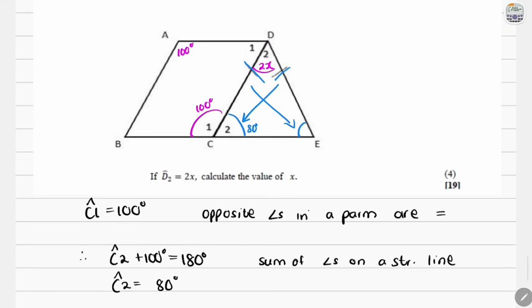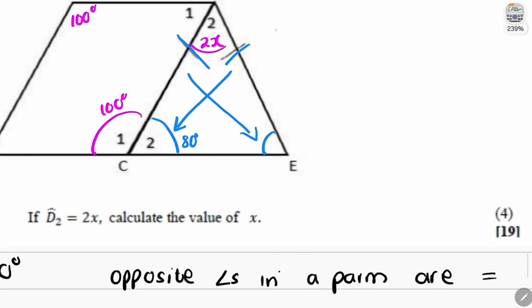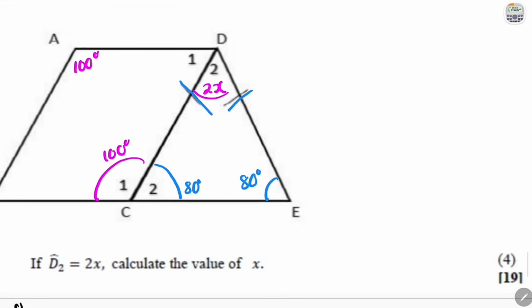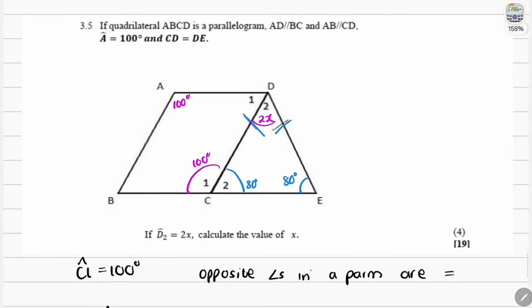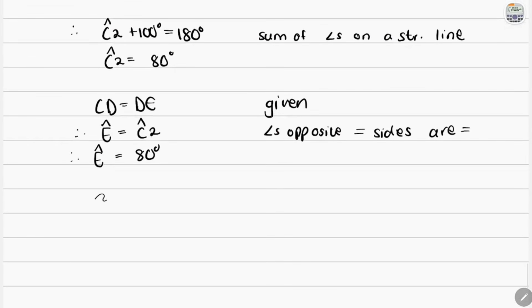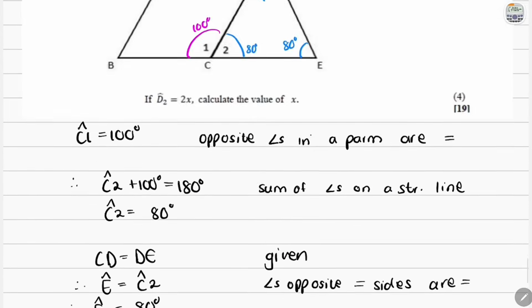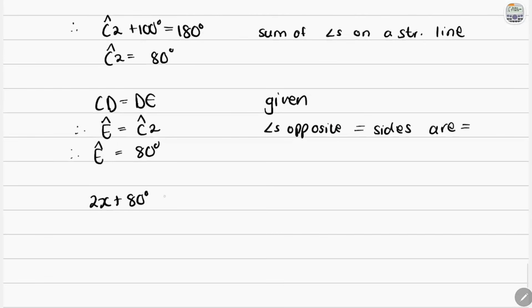Now we can finally use what we have here to create an equation to solve for x. So this is 80 degrees. Do you see that we have a triangle? And we know that the sum of angles in a triangle add up to 180 degrees. So if we take 2x plus 80 degrees and 80 degrees, they will add up to 180 degrees because of the sum of angles in a triangle.